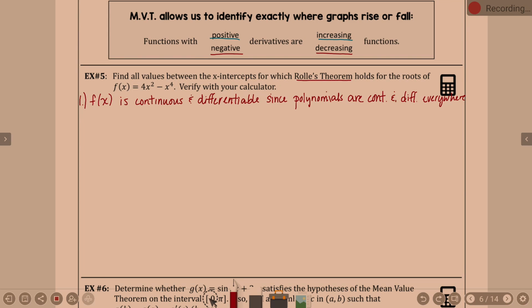Or even just since polynomials are continuous and differentiable. Actually, I think you could even just say because it's a polynomial. Well, we need a little bit more than that, but I mean, it's a polynomial. That says it right there.